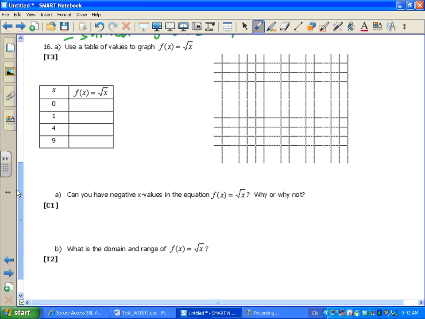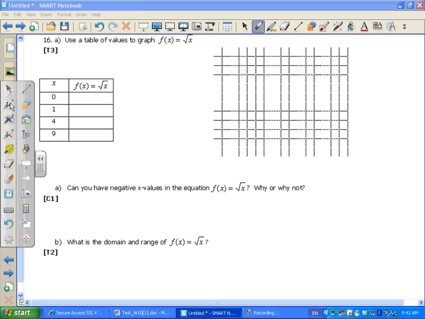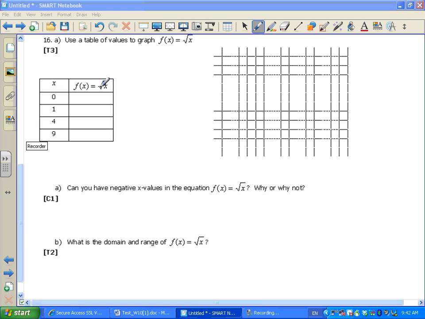Okay, question 16. Very few people actually got this on the test. What I needed you guys to do is solve the table, then graph the function. If f at x is equal to the square root of x, when x is 0, what is the square root of 0? 0. So, f at x is 0.